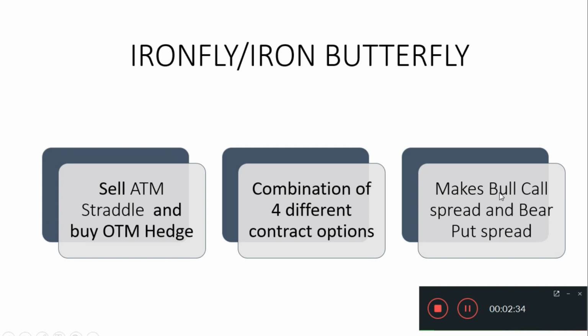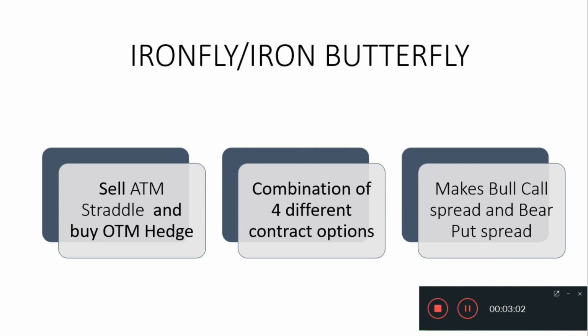Bull call spread because you buy a call option and sell a put option, and bear put spread because you buy a put option, so if your market goes down you benefit, and you sell a call option, so when your market falls, your call sell option will also protect you. This is the generic definition of an Ironfly, or iron butterfly.